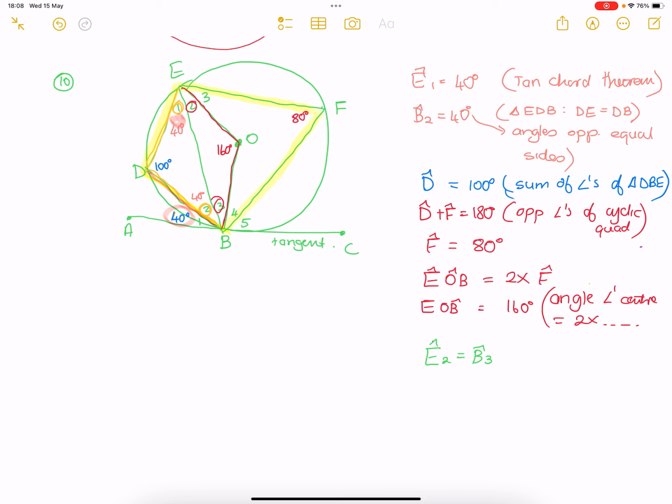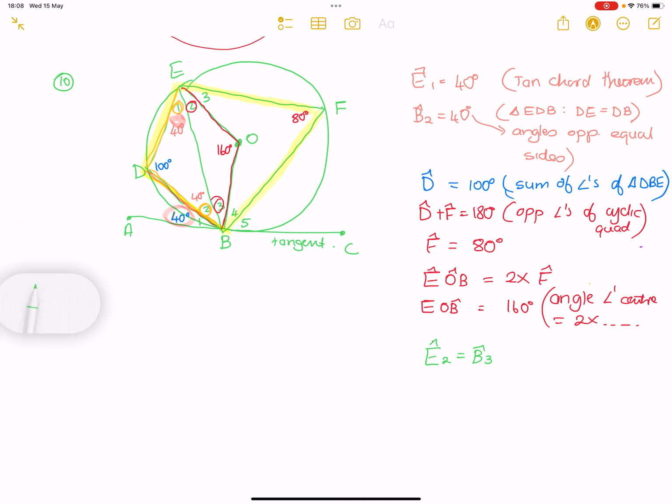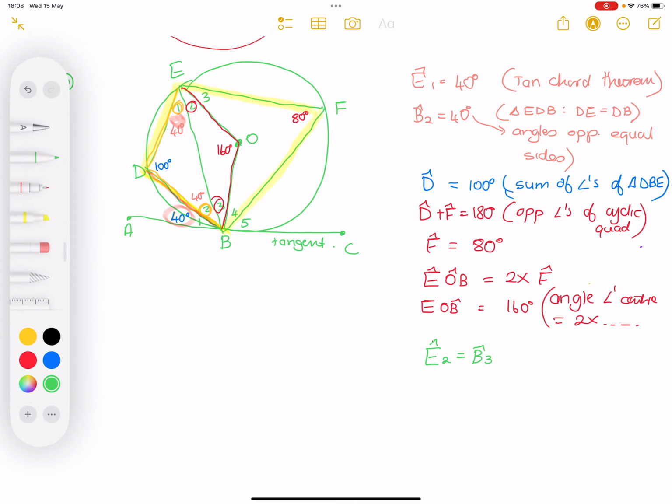Now I'm always just trying to think how they will mark it so that we don't have problems with the marking. So you must try to be as clear as possible. So I'm going to say that EO is equal to OB because it's the radii of the circle. And that means that is an isosceles triangle.